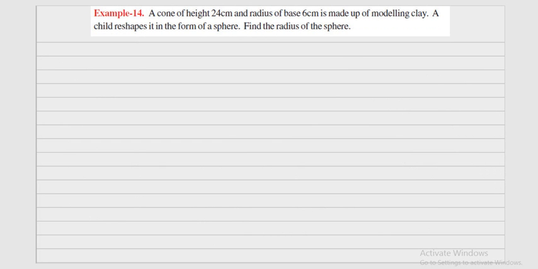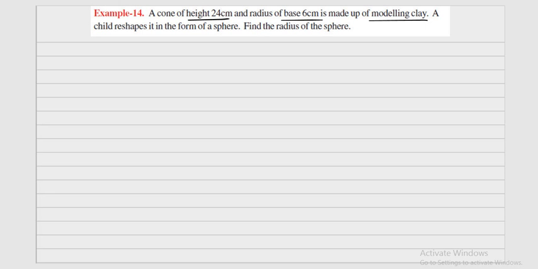Let us move on to one more question. See here, a cone is having height 24 centimeters and radius 6 centimeters, which is made of modeling clay. Modeling clay means the children used to play with this clay, right? So it is nature friendly. Using this clay, he is having a cone.